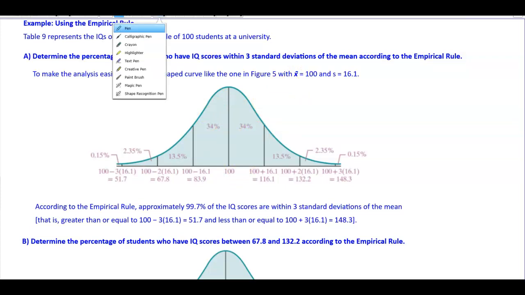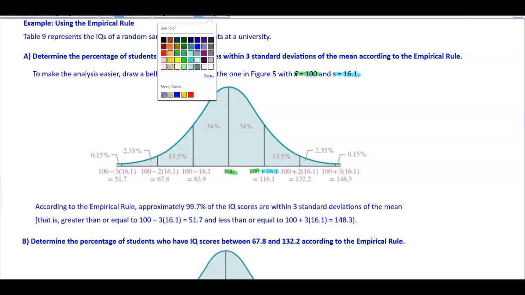So we can see here that the sample mean is 100, and the sample standard deviation is 16.1. Let's take a look at the bottom here. If we take the mean, which is 100, and add 1 standard deviation, then we get 116.1.